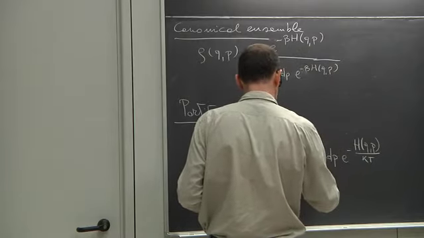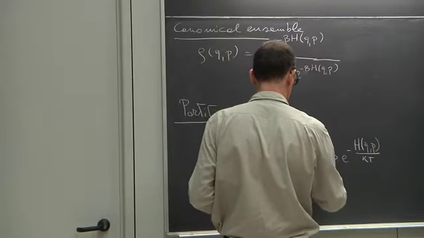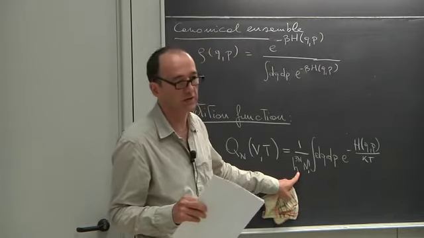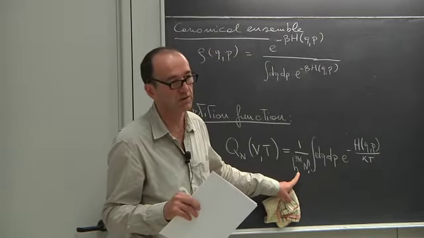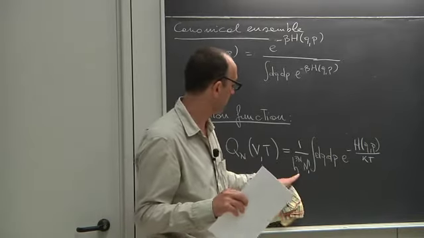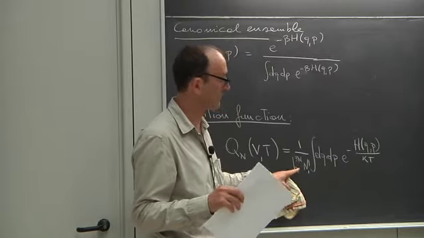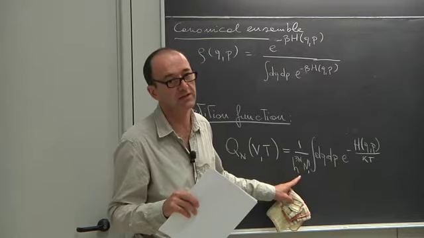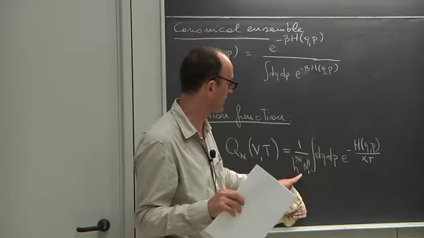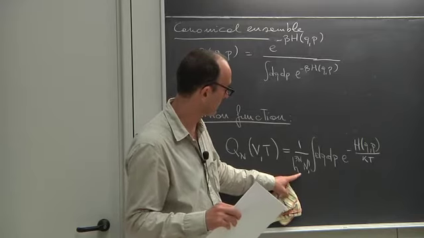And then I have to divide it by h to the 3N times N factorial. I remind you that this h to the 3N comes because, so this is a dimensionless number, and h to the 3N is essentially the volume of a single microstate, which can potentially be distinguished on the basis of the Heisenberg uncertainty principle.